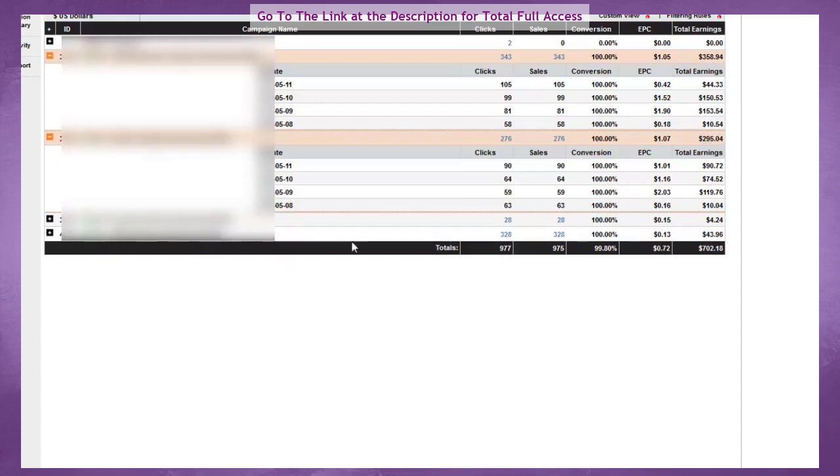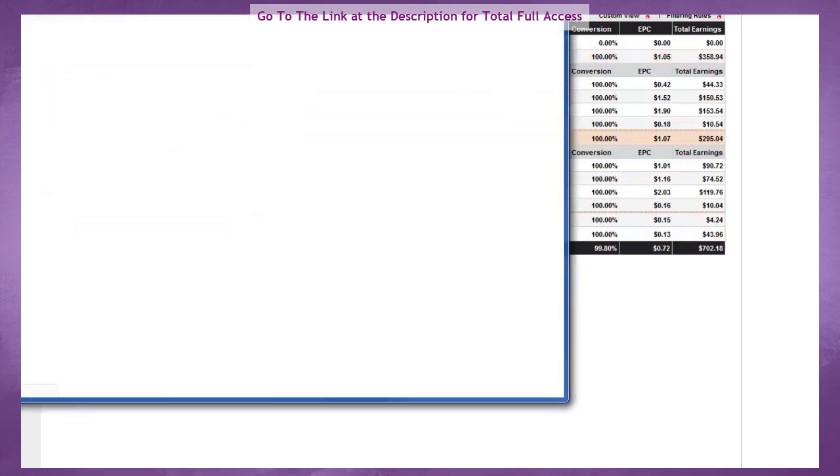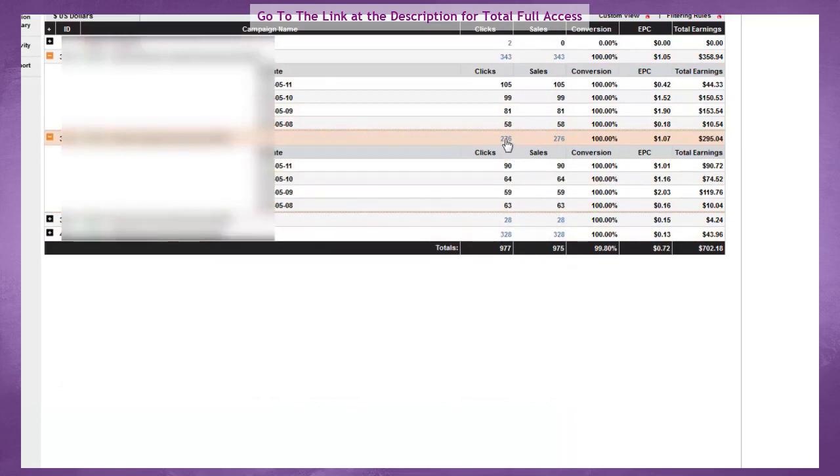And I've actually got another little campaign that I was testing that didn't run as good so far. As you can see, about the same amount of traffic was sent. 300 on that one, and 276 there. 328 on this one as well.